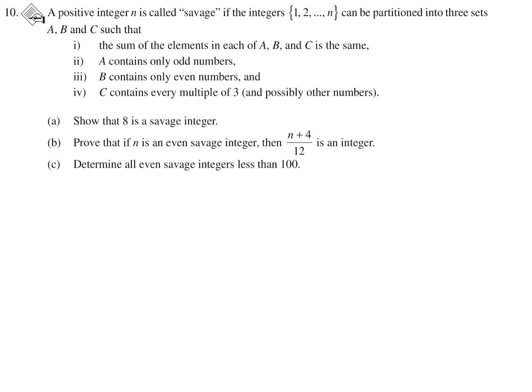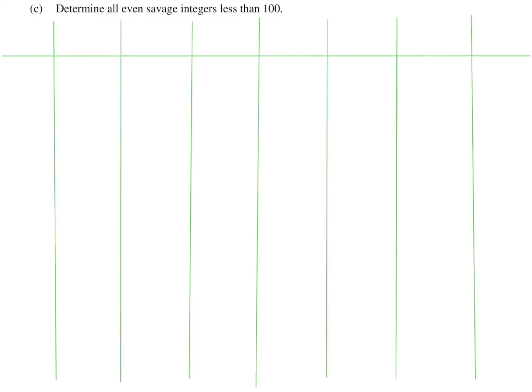Part C, determine all even savage integers less than 100. Let us approach this question by making a table. The first column will be n. The second column, since n is equal to 6k plus 2, I will make the second column k, and remember k is odd.